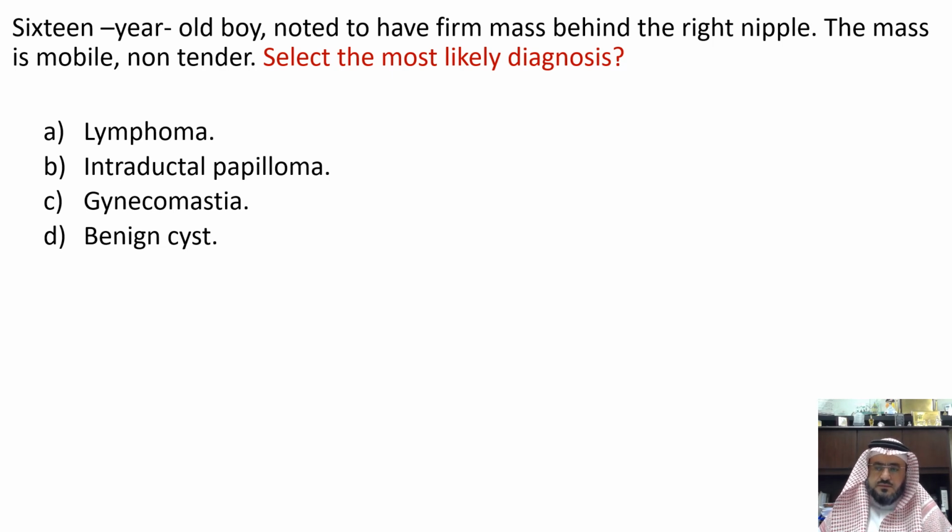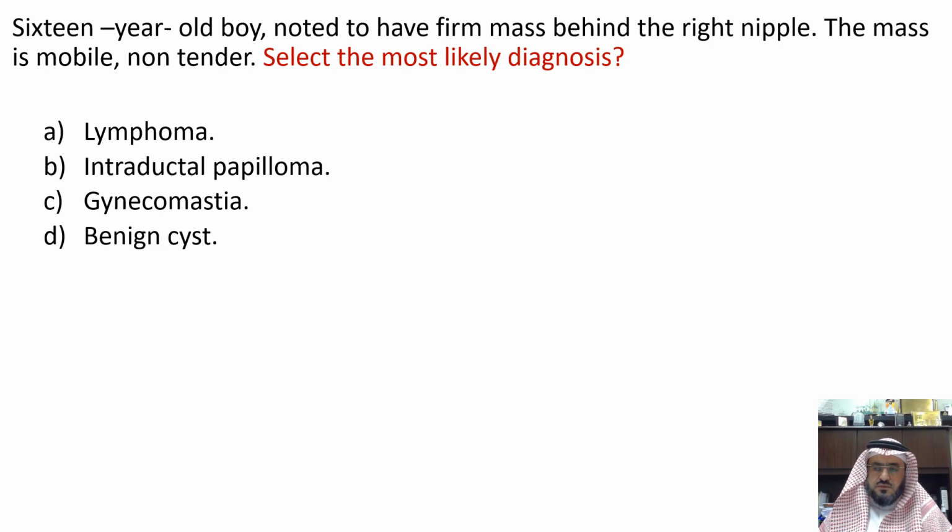The answer is C, gynecomastia. This is the classical description of the initial stages of breast development, whether in males or females. When breasts start to develop, usually it looks like a small mass behind the nipple.